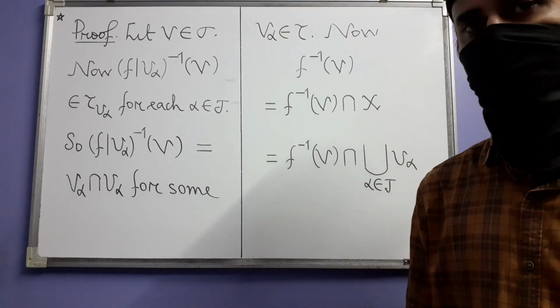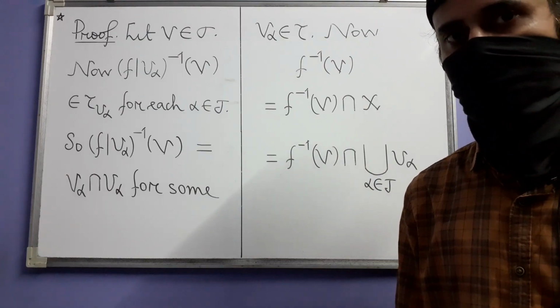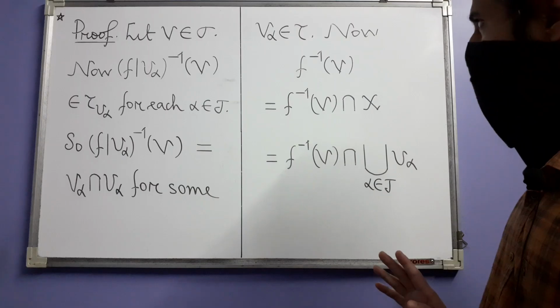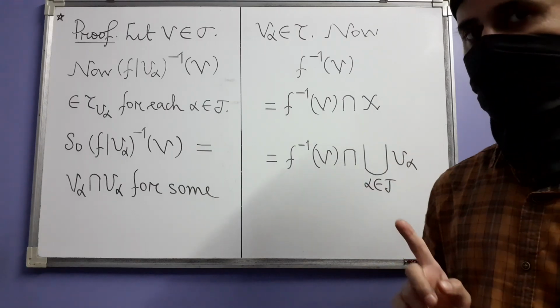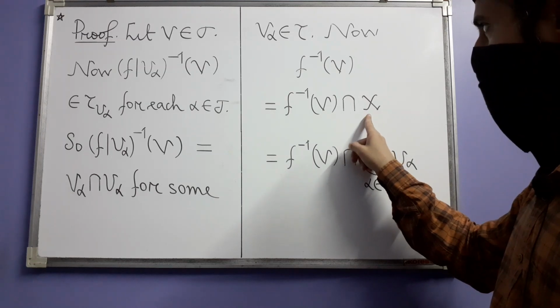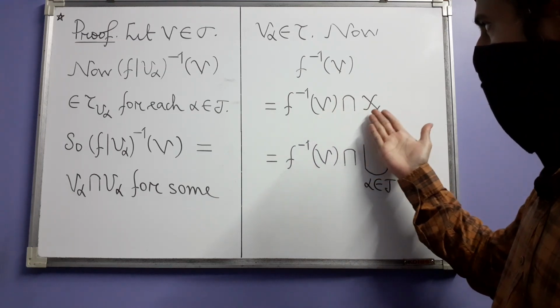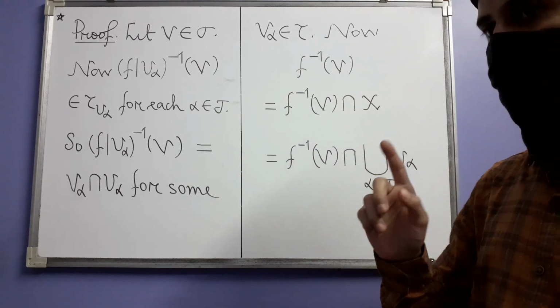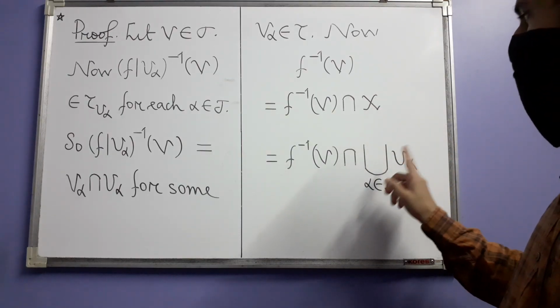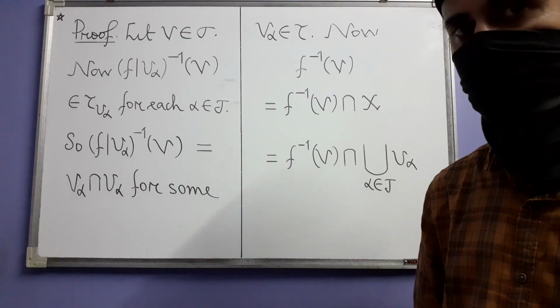Alright, now our aim is to show that f inverse of V is in tau. So let's consider f inverse of V. Because it's after all a subset of X, we can write it as f inverse of V intersection X. But recall that we are given that X is the union of all those U alphas.